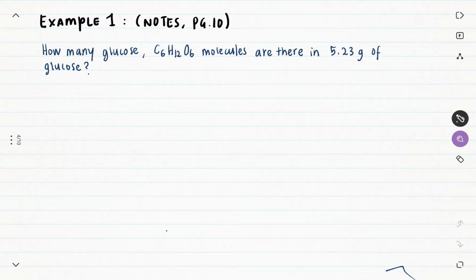How to answer this question? First, it asks you to calculate the number of molecules given the mass of glucose. To know the number of molecules, you need to know the number of mole first. So to calculate the number of mole, you will use the mass given.